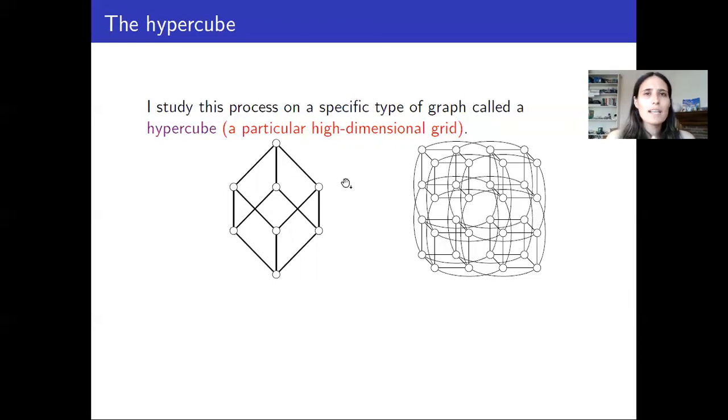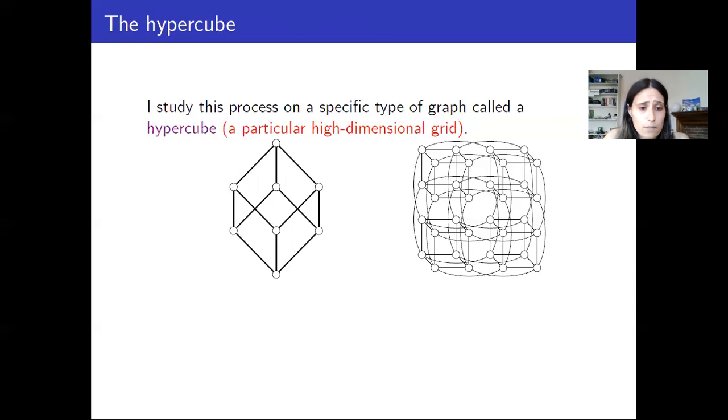You can imagine, like the grid network we had earlier, I've been looking at this process on very high-dimensional grids and hypercubes. Don't worry about what this actually is. This is a 3-dimensional hypercube. This is a 5-dimensional hypercube, but you should just think of these as being very high-dimensional grids.